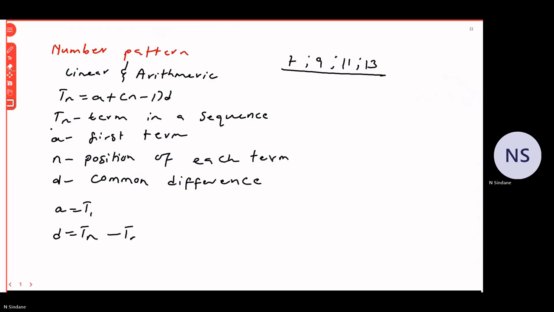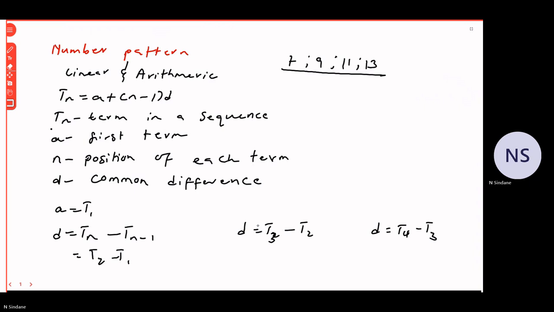In most cases, we say d is T2 - T1, d is T3 - T2, d is T4 - T3. That is how we identify the value of d, or what we call our common difference.